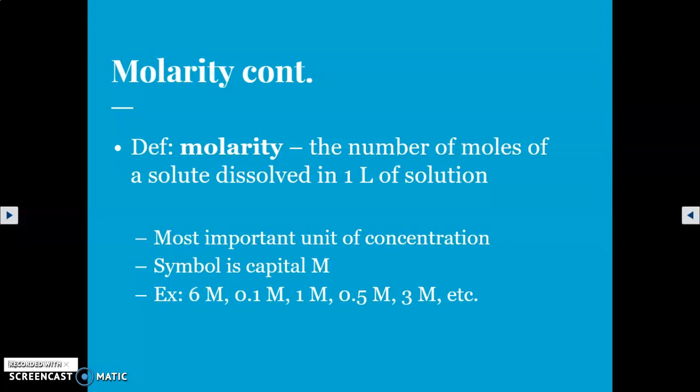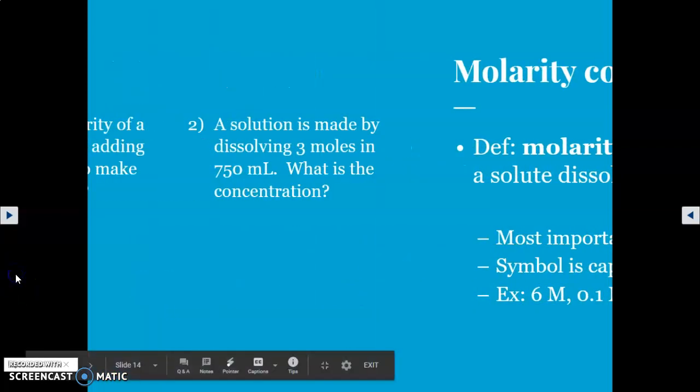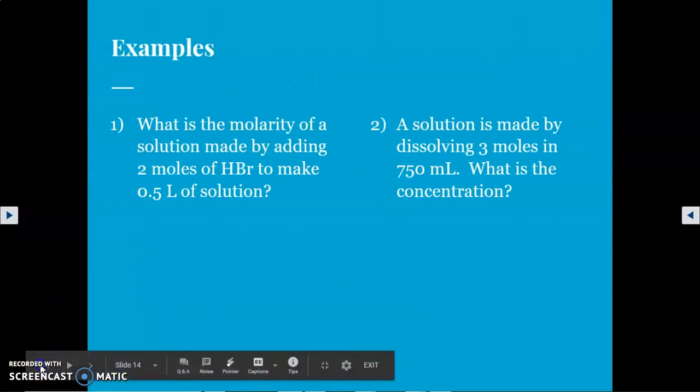So we might have 6 molar or 0.1 molar, 1 molar, 0.5, 3. It can be a fraction, 0.833 repeating. It doesn't matter. It's what you get when you divide the number of moles by the volume of the solution in liters. So let's do a couple of examples.